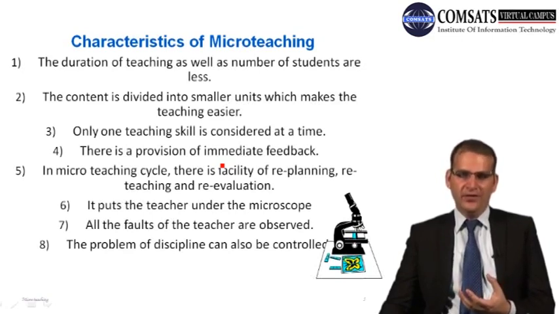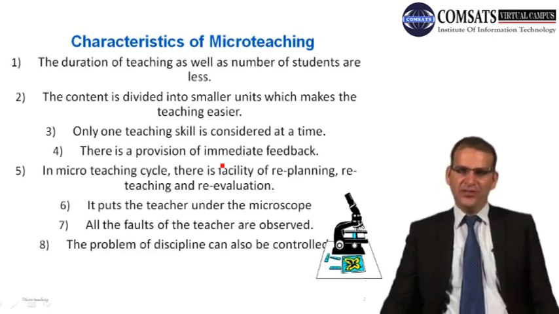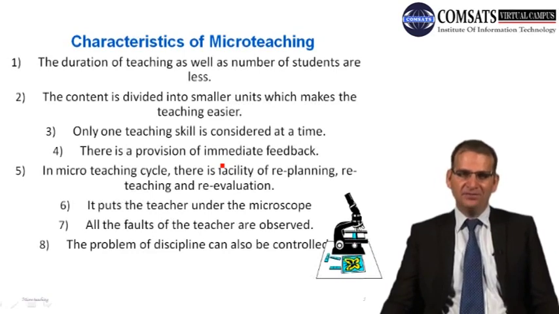Alright, fine. Good. So, we teach a small number of people. We teach one skill, and then we teach for a short span of time, 7 to 8 minutes, 10 minutes. That's why discipline can be maintained.